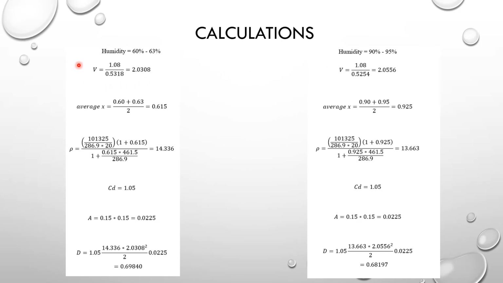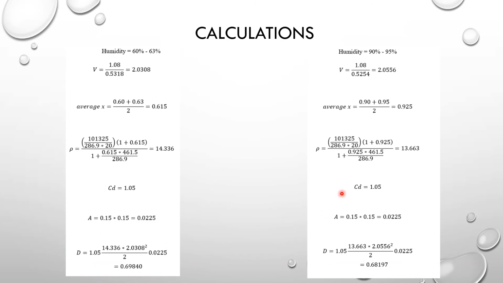First, we calculate for the velocity of the cube, and then we average the humidity values during the experiment, and then we move on to calculating the density of the air given the humidity, and then here we get the value of the drag coefficient from the table, and then we calculate the reference area, which is used to calculate the drag acting on the object, which is in the next equation.